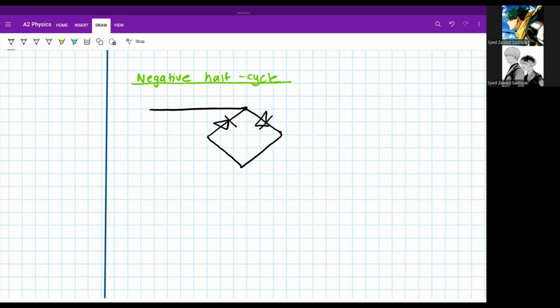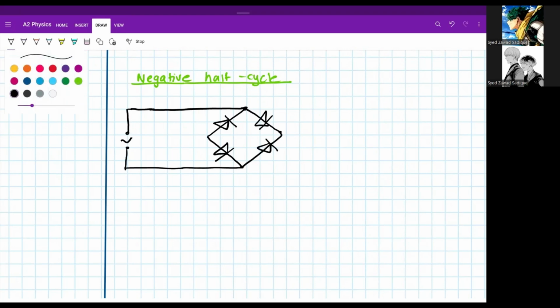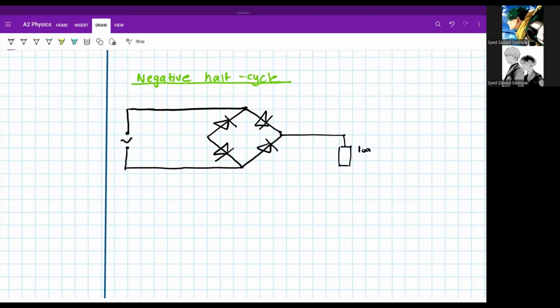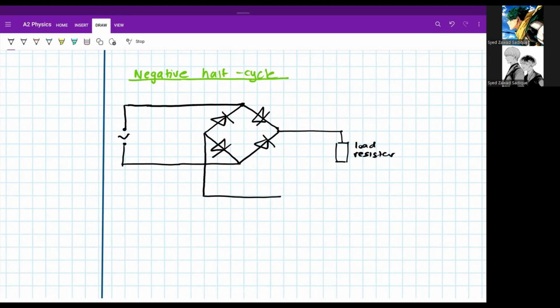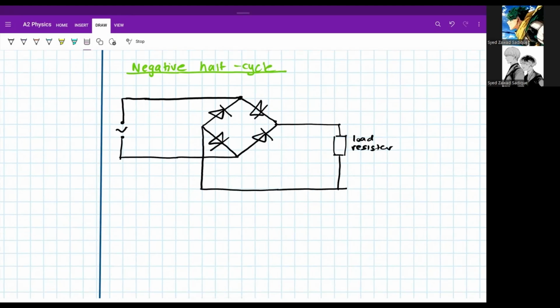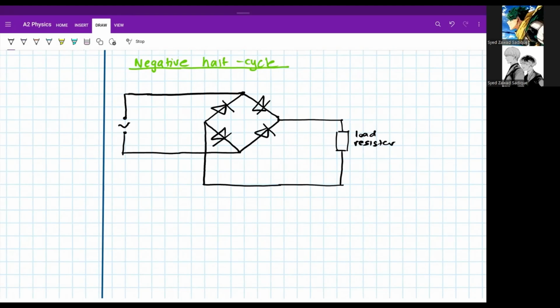One, two, three, 4. This is the alternating power supply, and the load resistor.